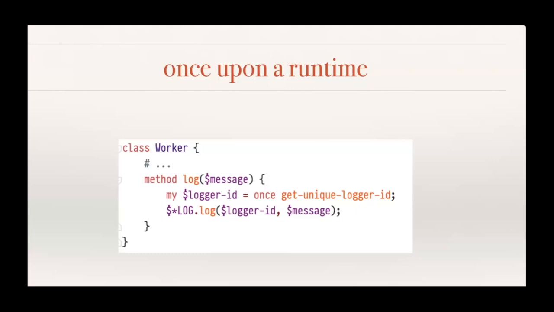So the very first time that log gets called, the once in this case is a statement, but it could also be a block. So it's what we'll be calling blorsts, but we'll get to blorsts soon. It calls the once statement and returns that value, which can then be stored in logger ID. So every time log is called, this will be a new variable initialization, but it'll always be a static right-hand side value.